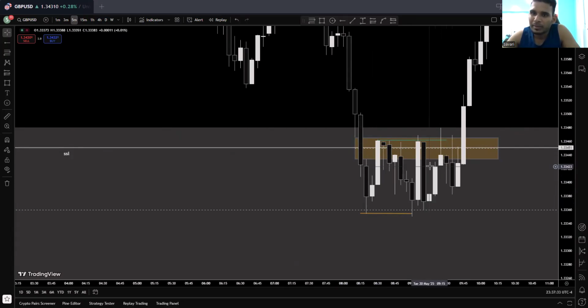Okay, fine. But it did create a bullish fair value gap here. Even though it swept, it's fine. It just created a bullish fair value gap up here.